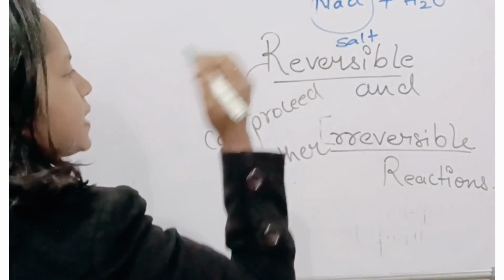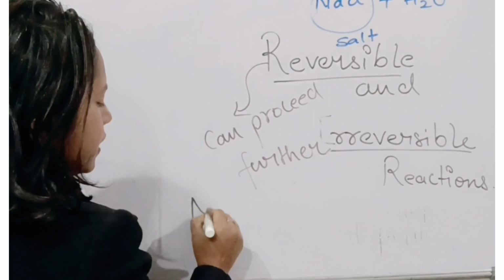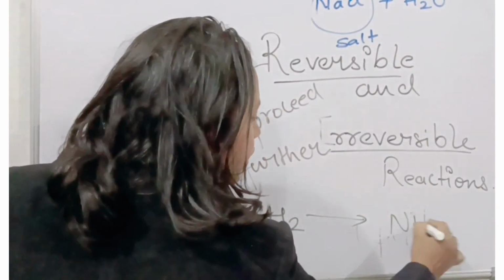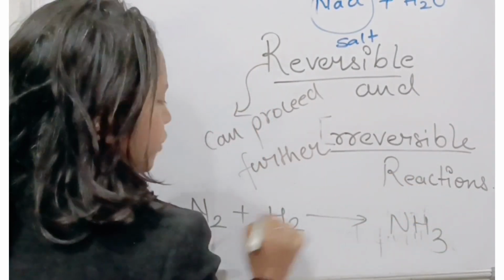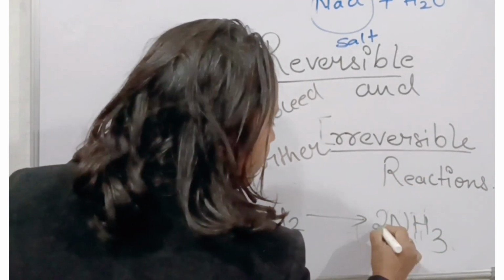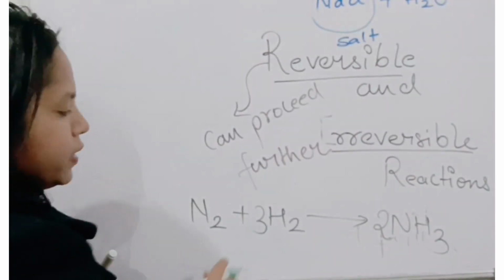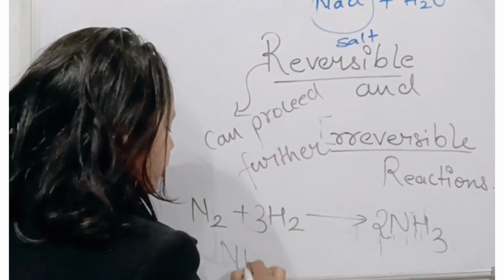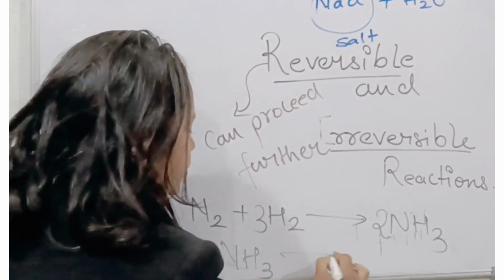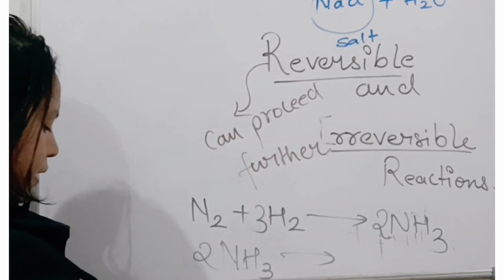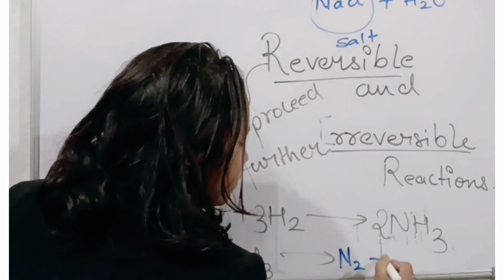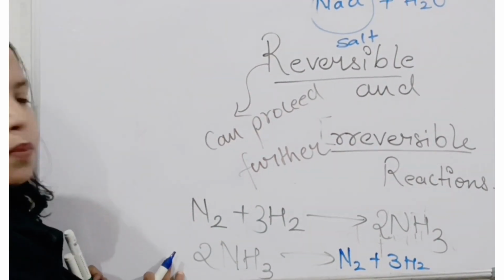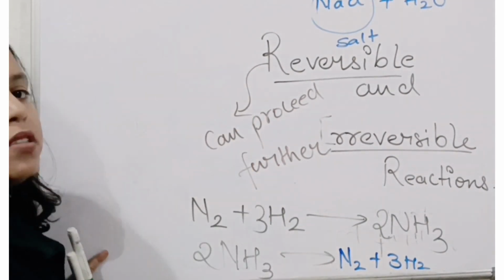Okay, let's take an example. The best example is N2 plus H2 giving ammonia, NH3, right? So N2 plus 3H2 giving 2NH3. So this reaction is possible, and further from NH3 you can make N2 plus 3H2, right? So this reaction is possible. That is why we are saying this reaction is reversible.